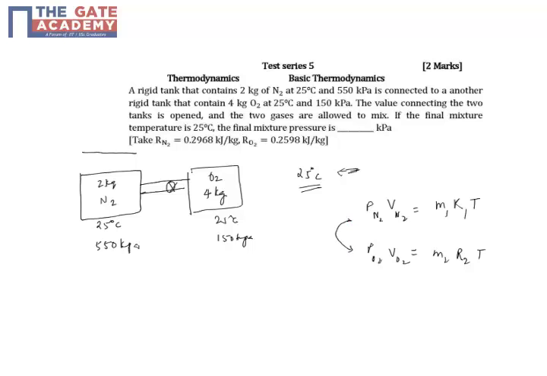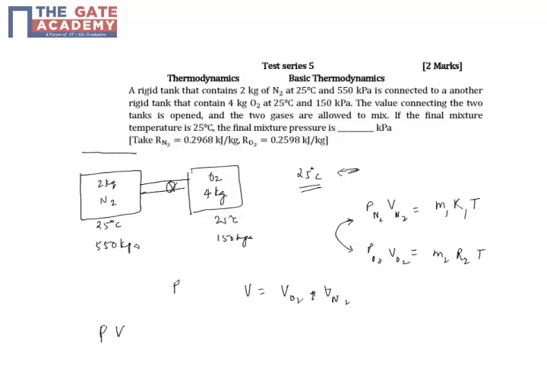Now in the final state, each of the gases will occupy the entire volume. So the total volume is basically VO2 plus VN2, the initial volumes. Once we get the total volume, each gas at the final state will occupy the total volume.